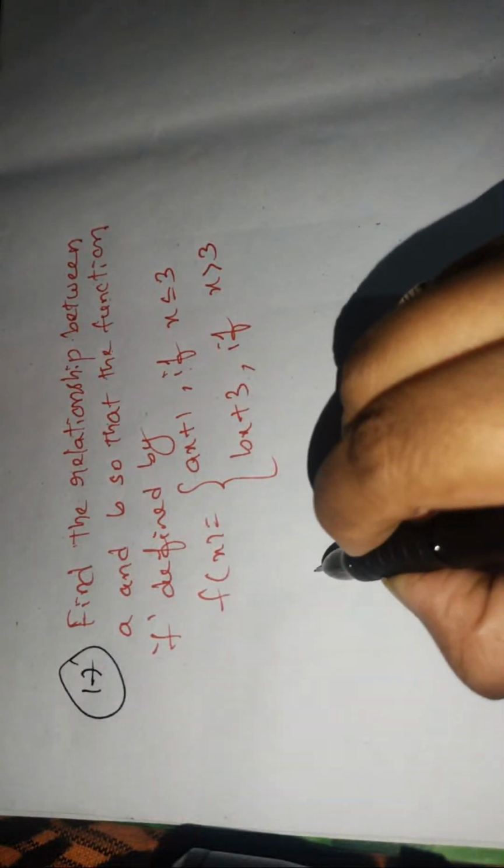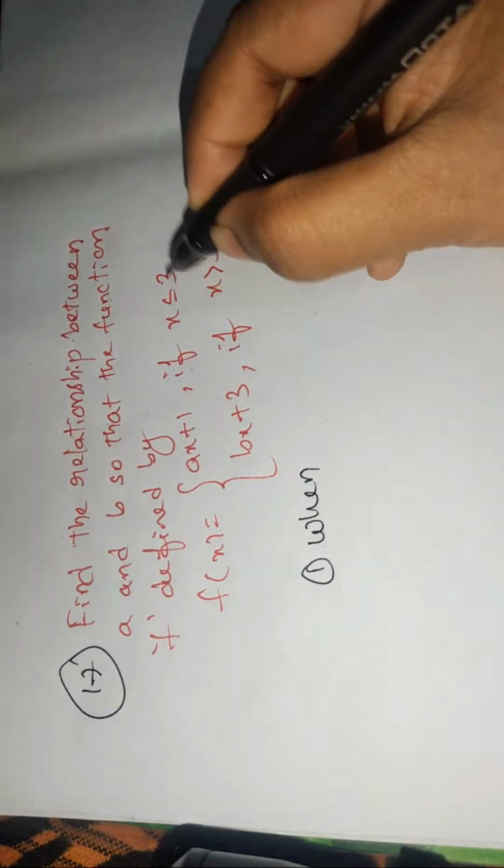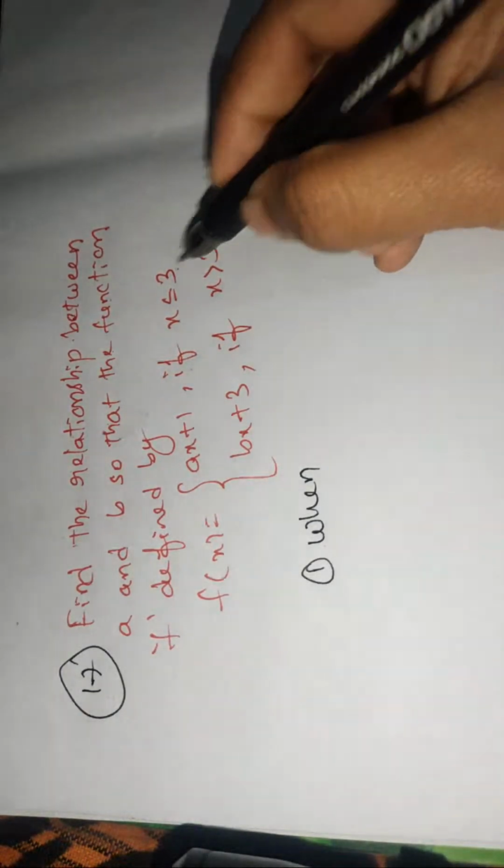Now in this question, we need to find the relationship between a and b so that the function f is continuous. First, I will take these different cases. If you observe here, x less than or equal to 3, x greater than 3. So 3 is repeated.